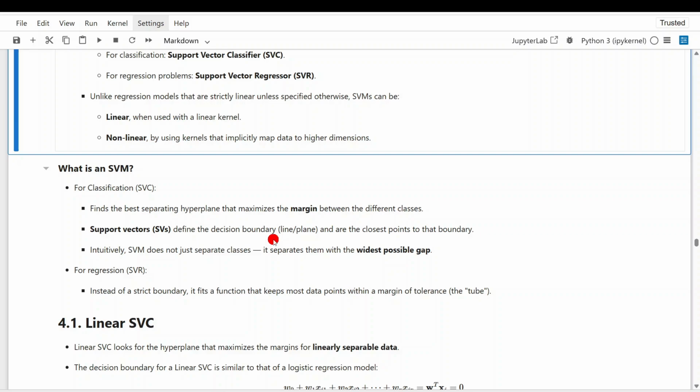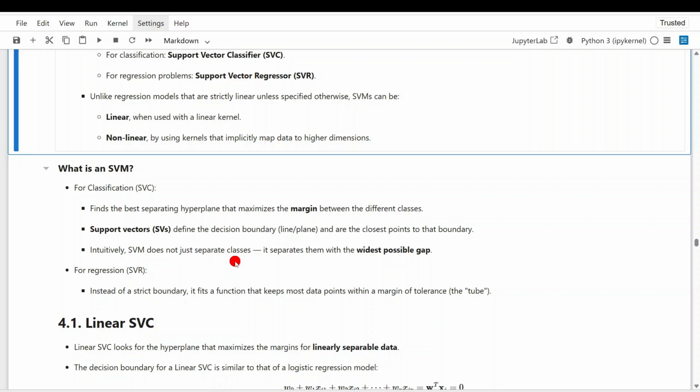But those points that are not misclassified will not have any contribution to the decision boundary. So instead of all the observations included in a particular dataset, a support vector machine depends only on certain points which are called support vectors. And these support vectors are just points that are misclassified or points that are closest to the decision boundary.